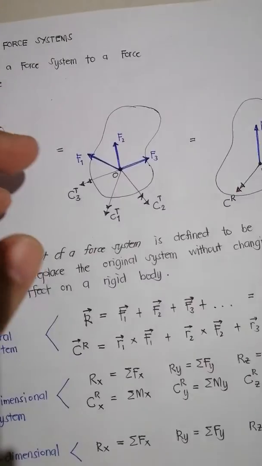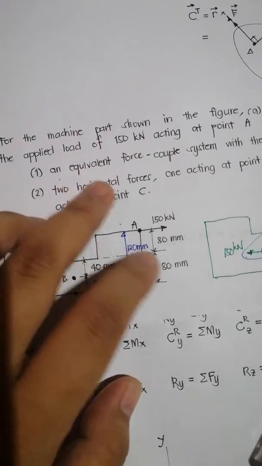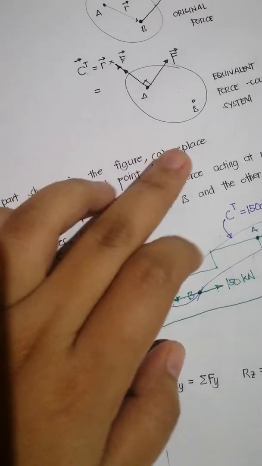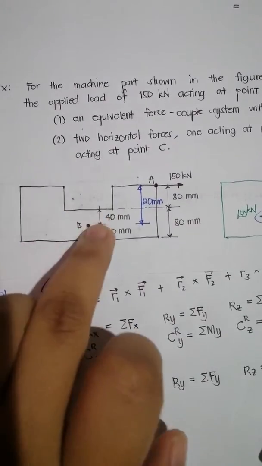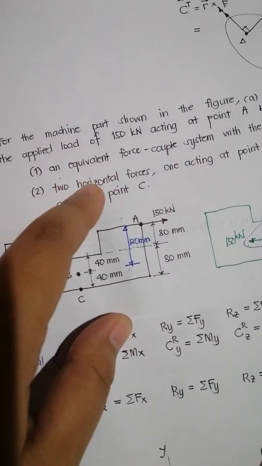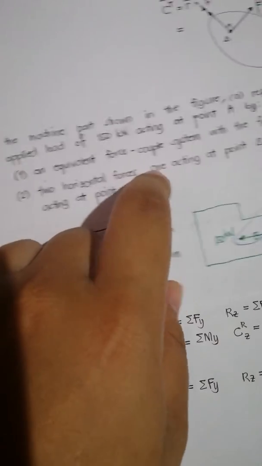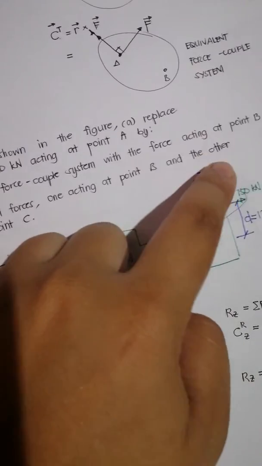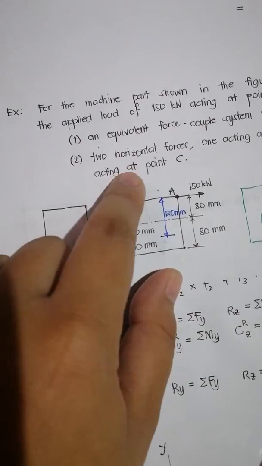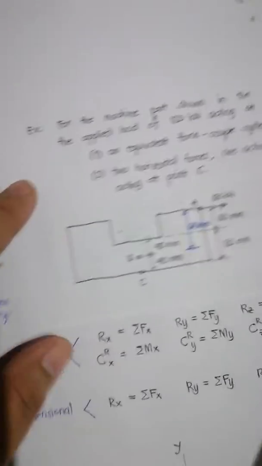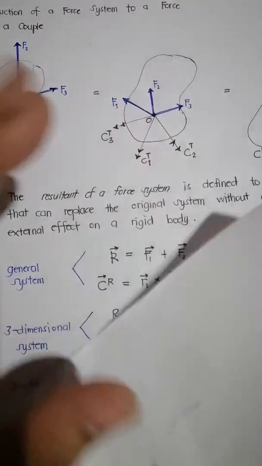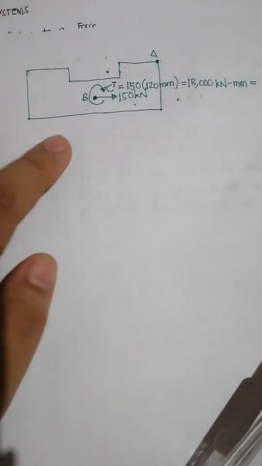Okay, then our next follow-up question is, what if we are going to replace this system with two horizontal forces, one acting at point B and the other acting at point C? So instead of having this force couple system, what if we replace this original system with two horizontal forces, one acting at B and one acting at point C?